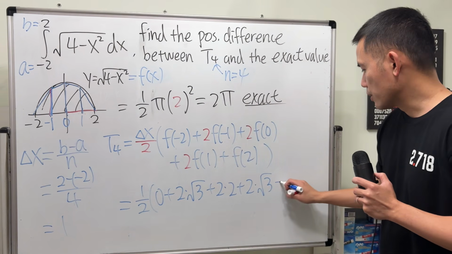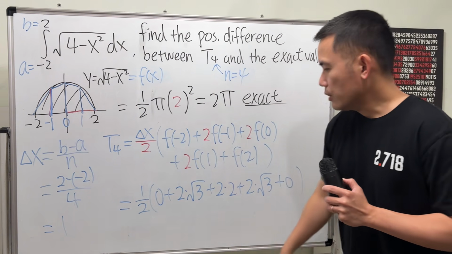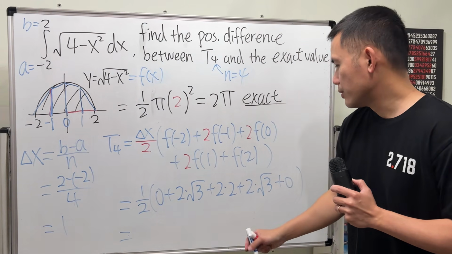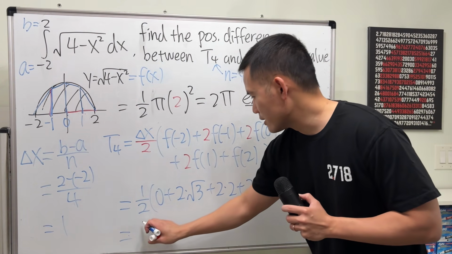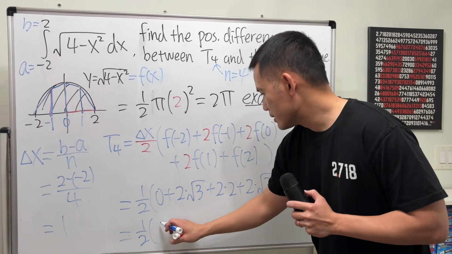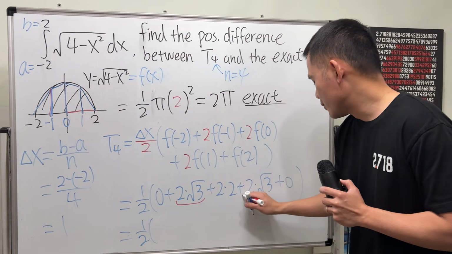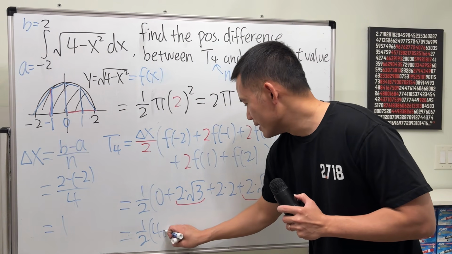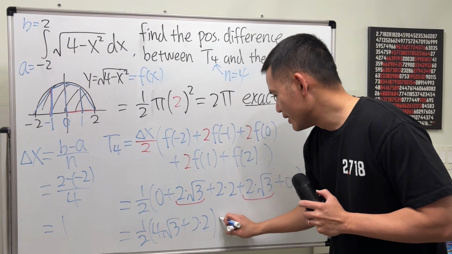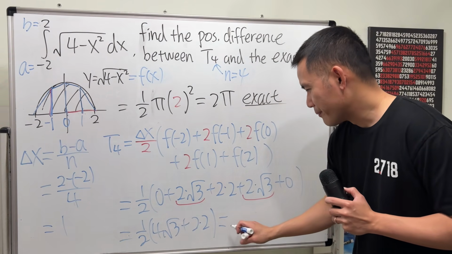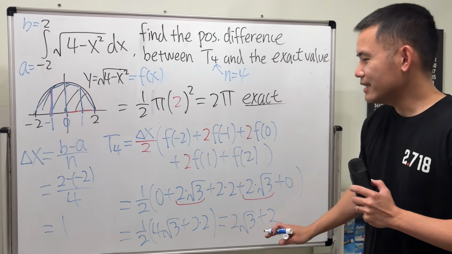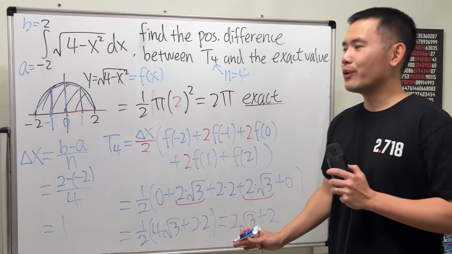Plugging 2, you get 0. Here, you can reduce out the 2, and I will just do it like this. It's slightly better this way. Together you have 2 of this. So it's 4 square root of 3 plus 2 times 2. And then you can reduce out the 2. So it's 2 square root of 3 plus 2. Alright, so this is the T4 value.